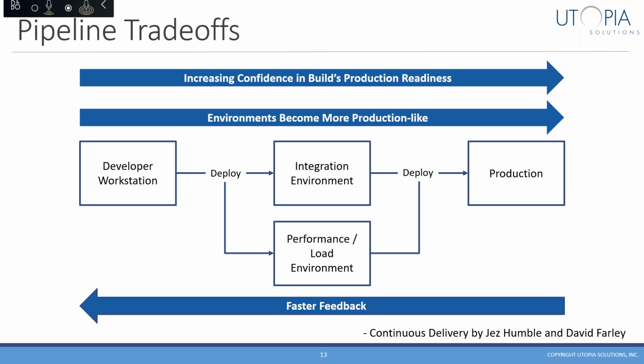So we have this constant battle between risk assessment and coverage and the desire to get fast feedback and move through the pipeline quickly. And as we'll see, this really highlights the need to think very critically about the types of test suites we first create, and then which specific tests we put in them, and of course, how those tests are created. So first, let's talk about how we can assess the types of test suites that we need in our pipeline.